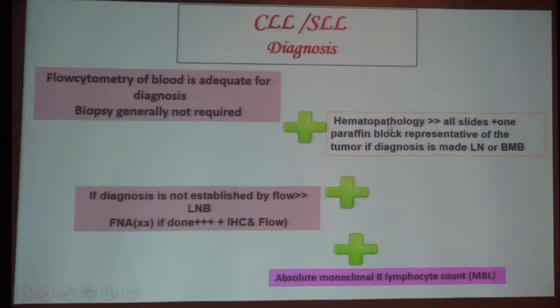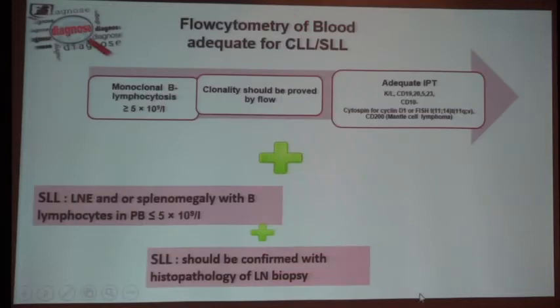If we don't have lymph node pathology, fine needle aspirate is not an ideal state. However, if we have it, we should add further tools like immunohistochemistry and flow cytometry. And of course, we may have a monoclonal B lymphocytosis.